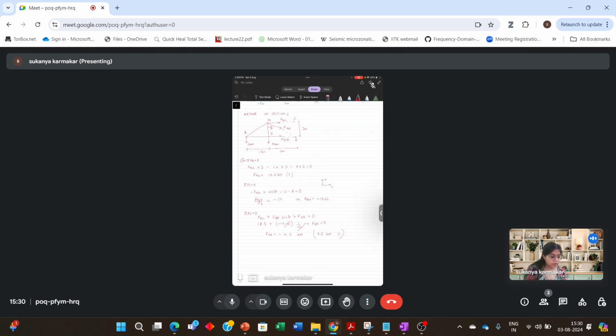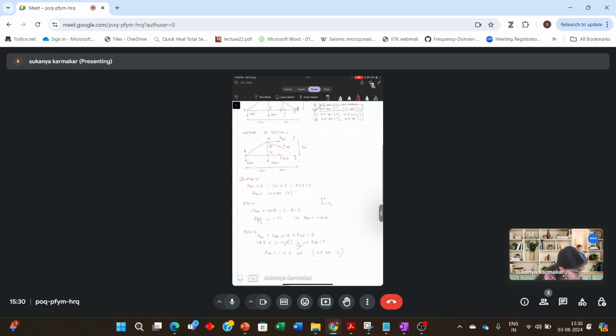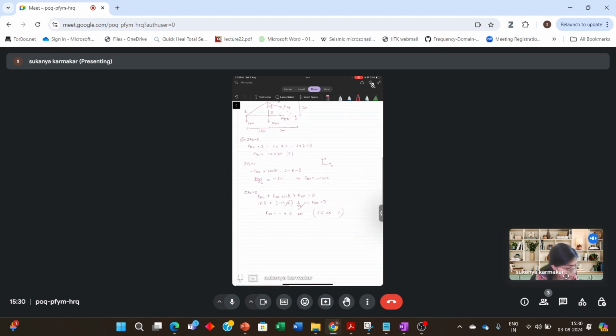Now let's take up again a graph. So we are doing question number 3. So this is the truss. Till now, what we have done, we have taken up simple trusses and we have seen the method of joints and method of sections.